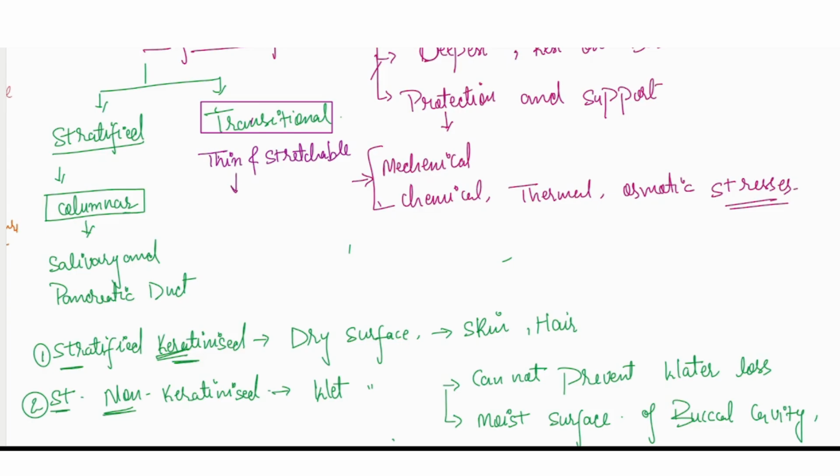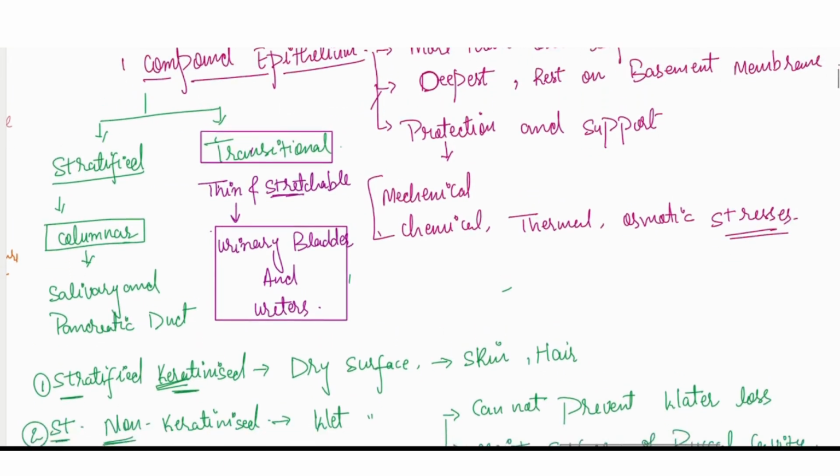Because it is stretchable, you can imagine it is present at the urinary bladder and ureters. So the urinary bladder and ureters are the locations where the compound transitional epithelium is present. I hope compound epithelium is clear to you now.